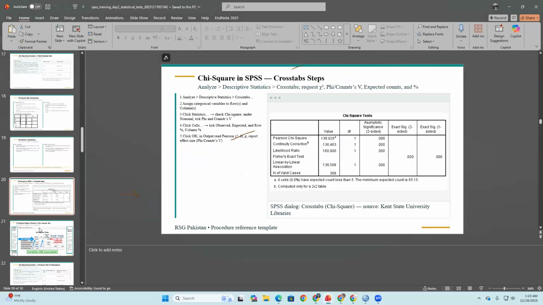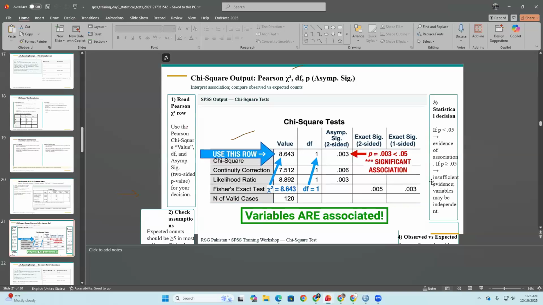These are what I have discussed so far, how we show the significant variable. Now you can see here that the p-value is less than your alpha. So it's a significant association. So the two variables are associated. I think that is pretty much clear.